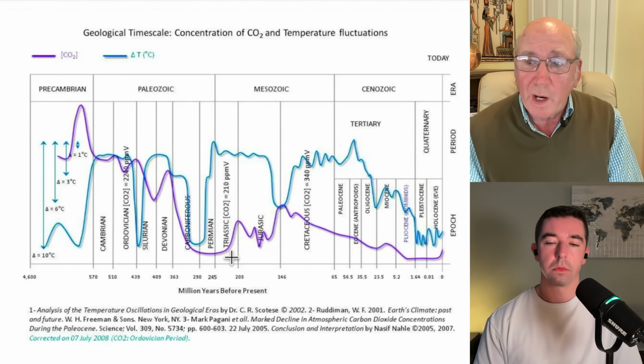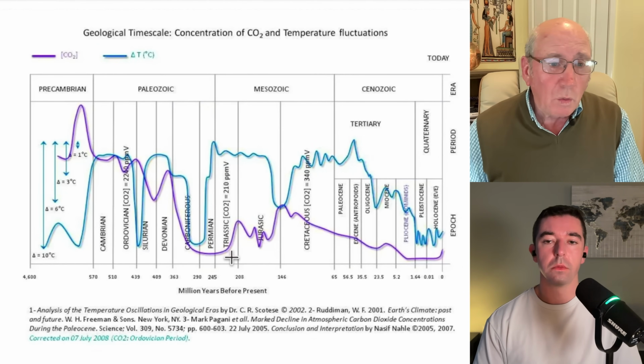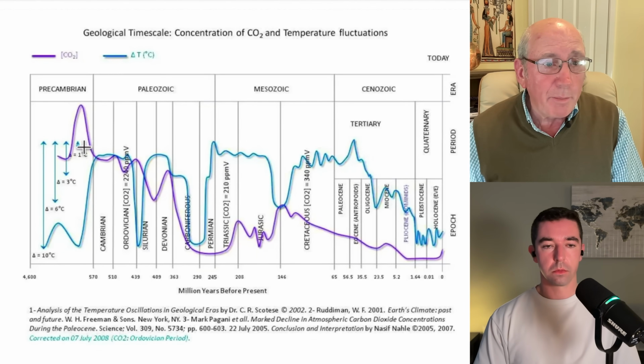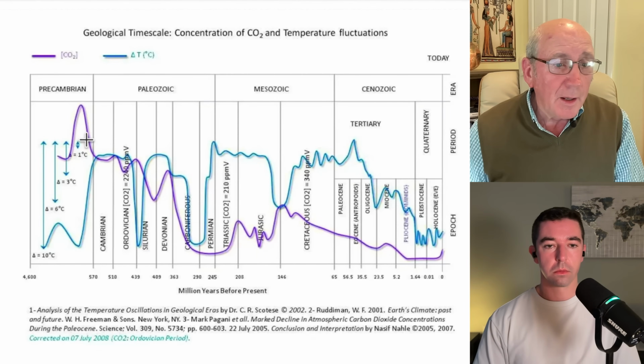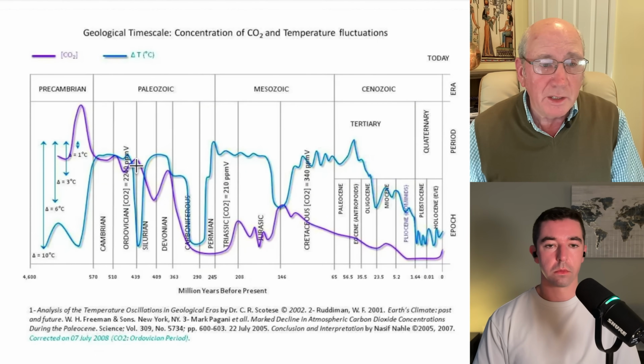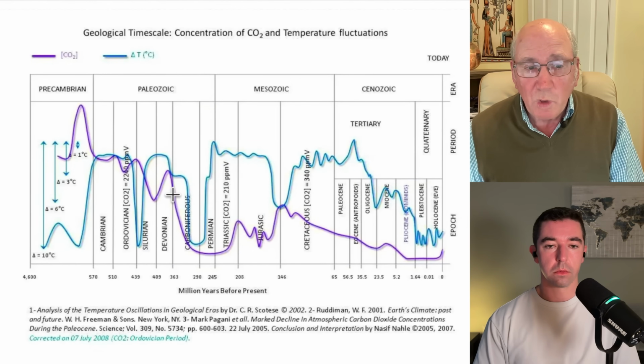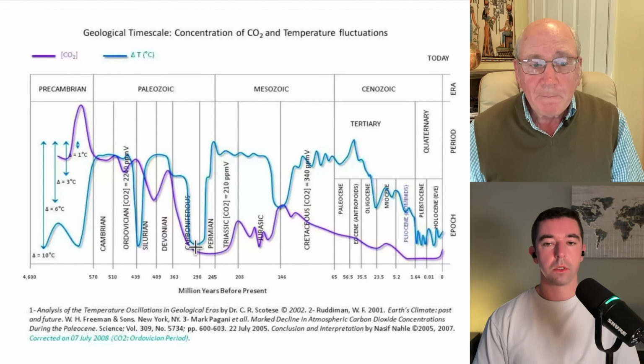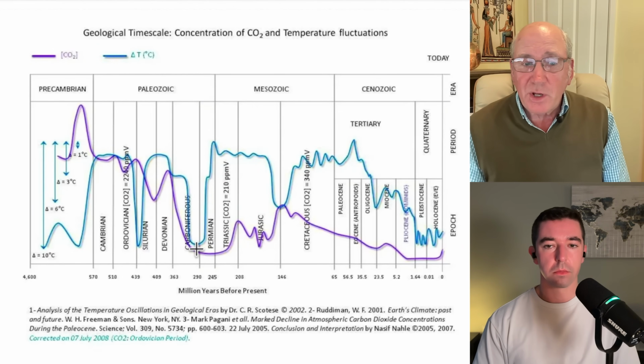That is locking away CO2. So all the time, all the way back from the Cambrian, 500 million years, plants and animals were locking away CO2, all the way down here. And so there was getting less and less CO2.